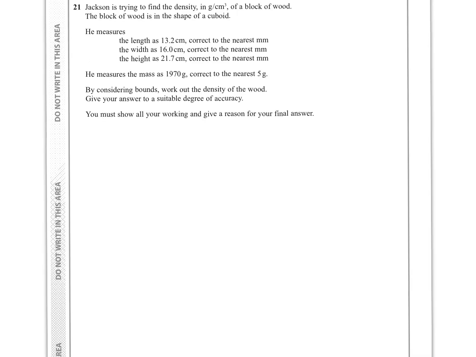Question 21. Jackson is trying to find the density in grams per centimetre cube of a block of wood. The block of wood is in the shape of a cuboid, and all the dimensions are given, and it says the length is given as 13.2 centimetres to the nearest millimetre. And don't forget, a millimetre is a tenth of a centimetre.